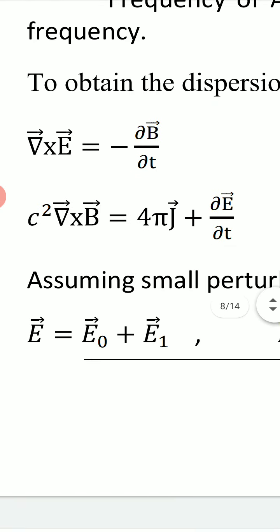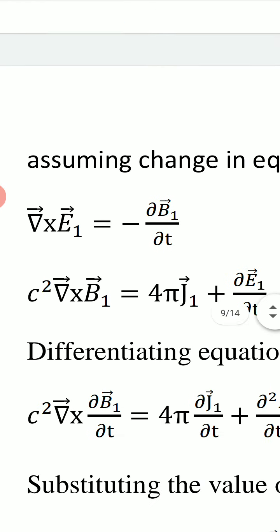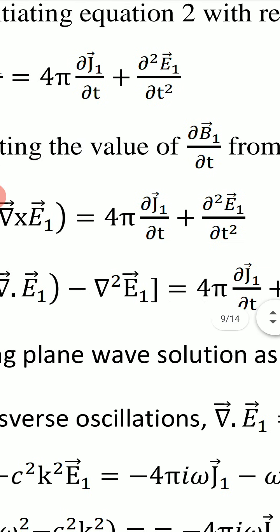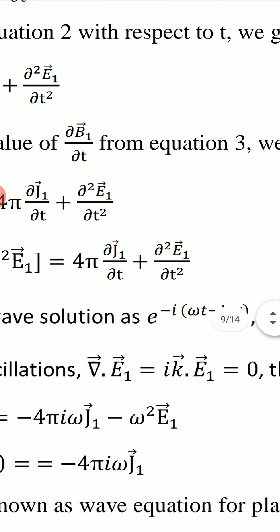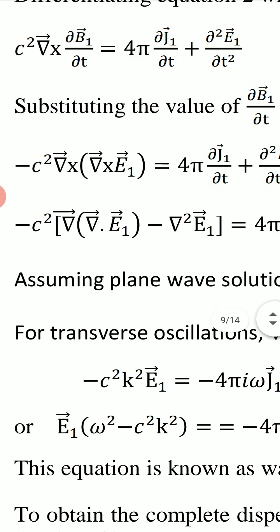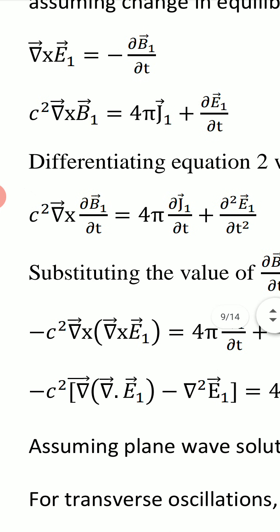Now substituting the value of delta B1 upon delta T from equation 3, we have delta B1 upon delta T equal to minus del cross E1.